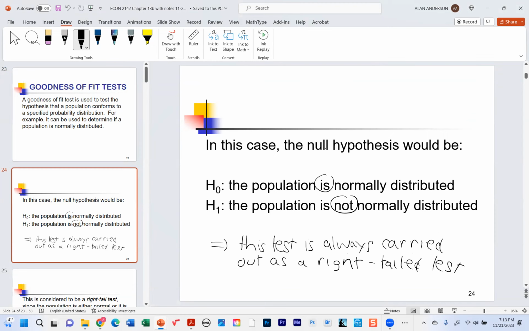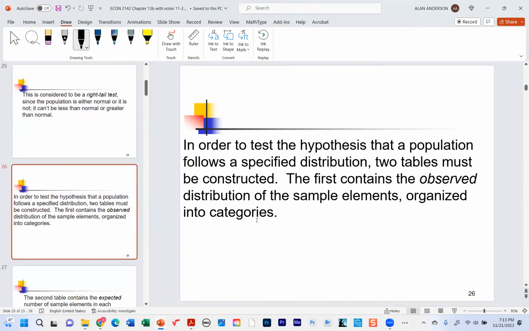It's always right-tailed. That makes things a little easier because it's one less decision we have to worry about. All right, so now here's where the fun begins, the test statistic. The test statistic is pretty challenging. But let's think about the logic behind it. What exactly are we trying to do?